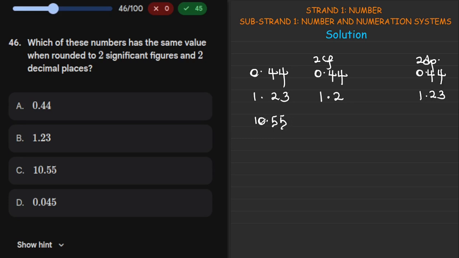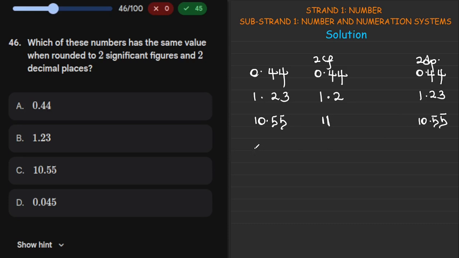The next number was 10.55. If we need it in 2 significant figures, we have 1 and then 0, but we can't end on the 0. So we need to round up so that it becomes 11. So that is to 2 significant figures. But for 2 decimal places, it still remains as it is.